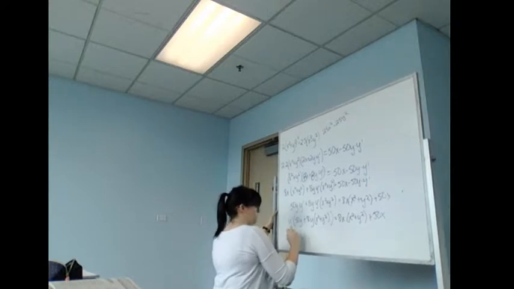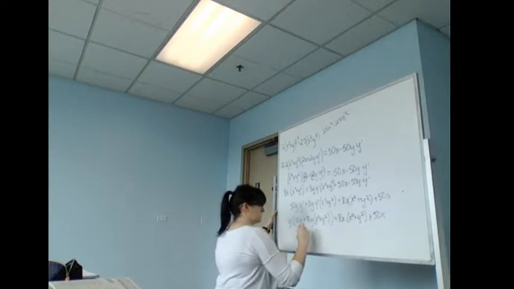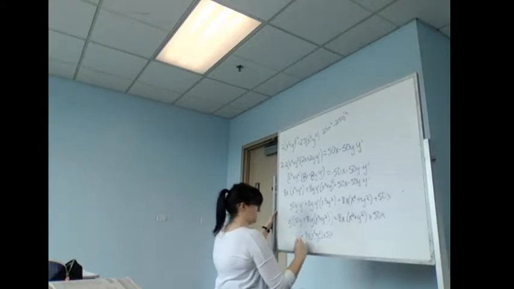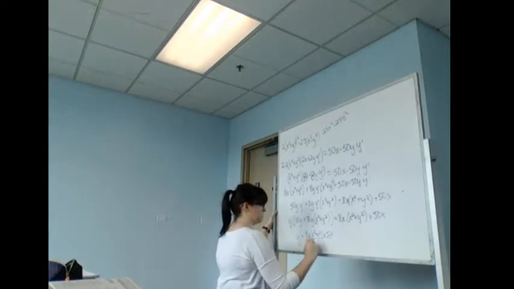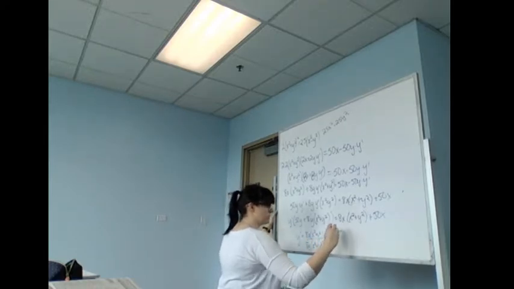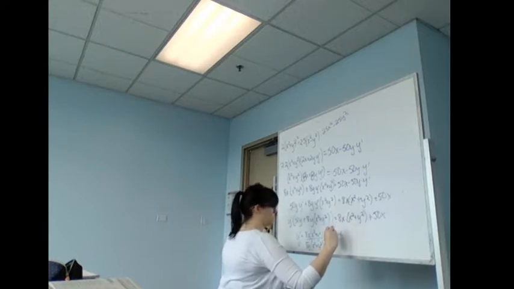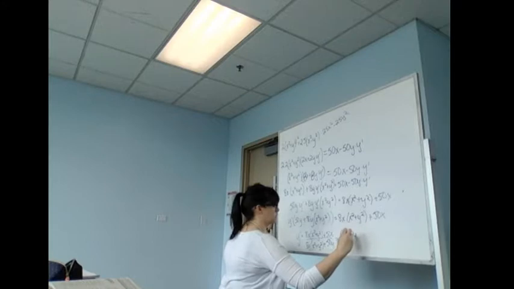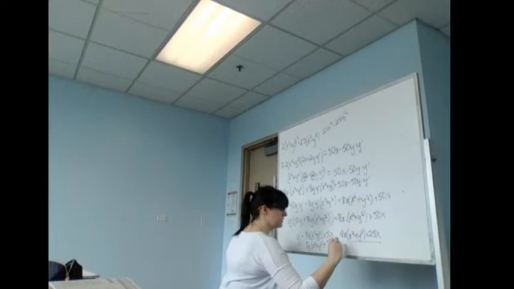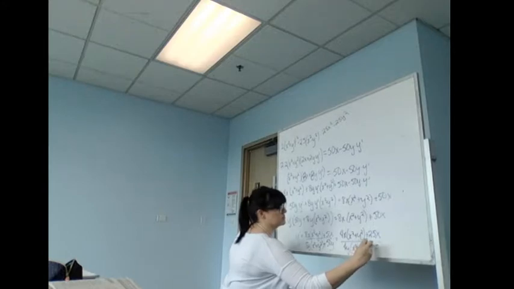So then y prime equals 8x times x squared plus y squared plus 50x over 8y times x squared plus y squared plus 50y. Dividing everything by 2 gives me 4x times x squared plus y squared plus 25x over 4y times x squared plus y squared plus 25y. That's the derivative.